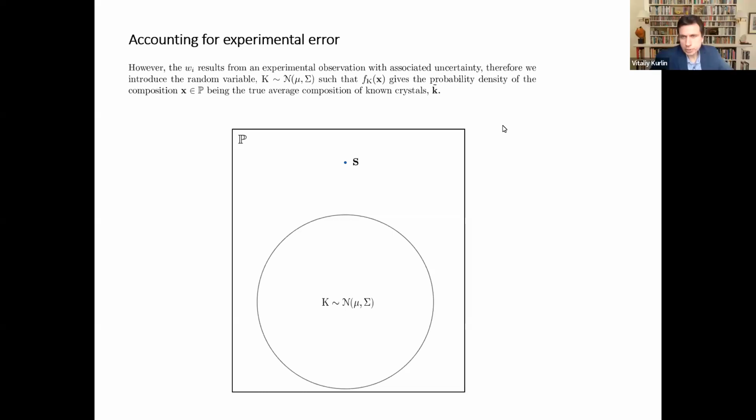Okay, if I understood correctly, you modeled Danny. Exactly, it's the same. Yeah, it's the same uncertainty. So the measurement of the PXRD intensities is exactly the error associated with the W_i. That is the error. Does that answer your question?